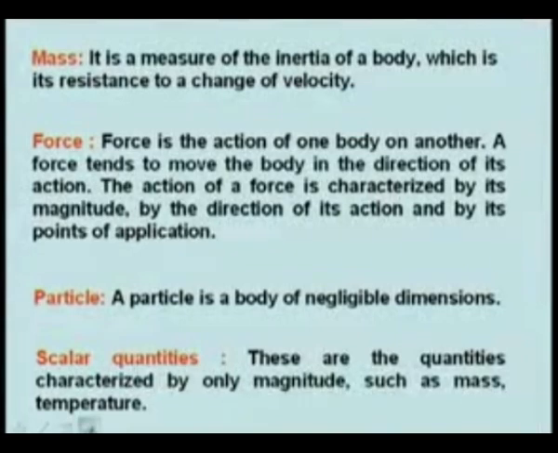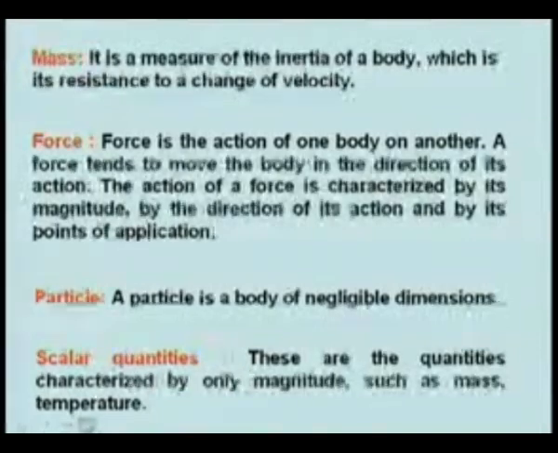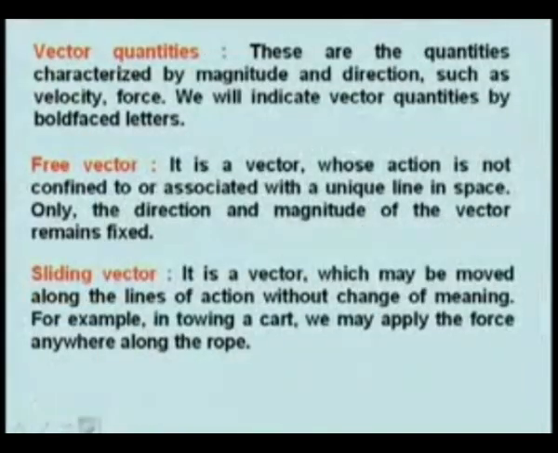Scalar quantities are quantities characterized by only magnitude, such as mass, temperature, etc. These quantities are invariant under coordinate transformation. If some object weighs 1 kg in one coordinate system, its mass will be the same in another coordinate system. Similarly, for temperature, if we rotate the coordinate axes, these quantities do not change.